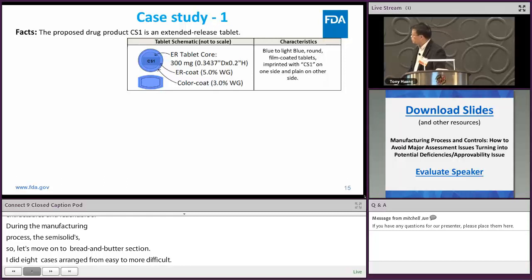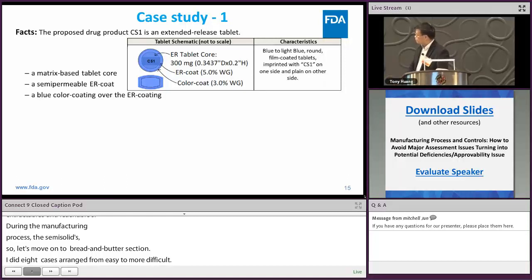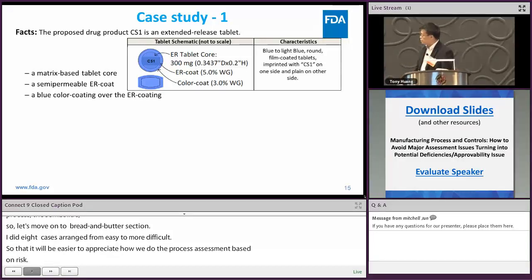So this is an ER tablet. It has a matrix designed core and an ER coating on top of it. And on top of the ER coating, there is a blue color coating.